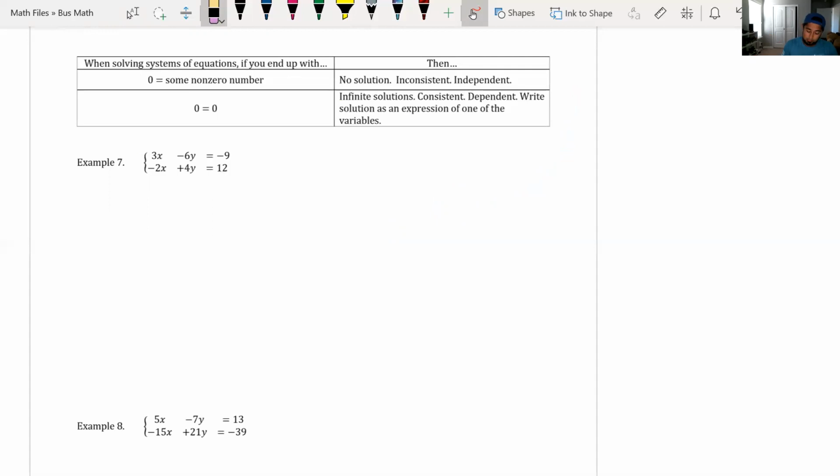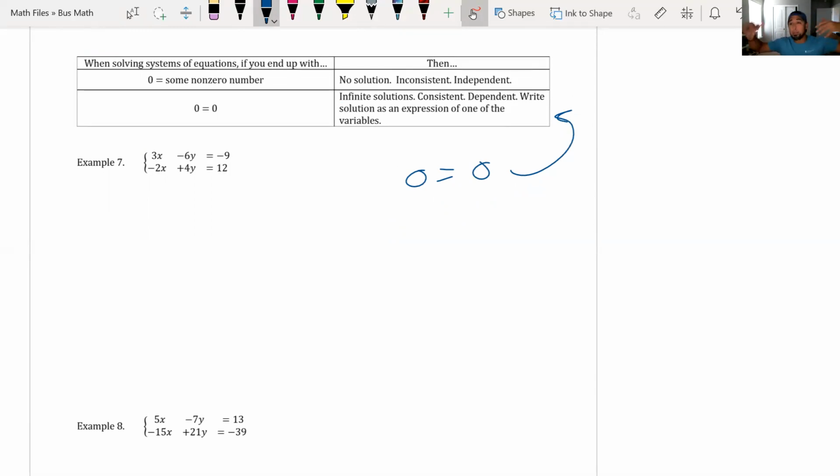And then for the second case, you may end up with 0 equals 0. Is that a true statement? Yes, that's a true statement. If you end up with 0 equals 0, this means that the system of equations has an infinite amount of solutions.